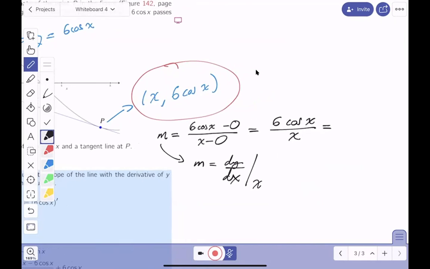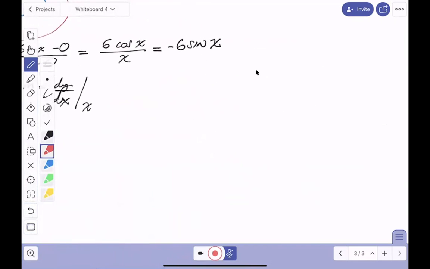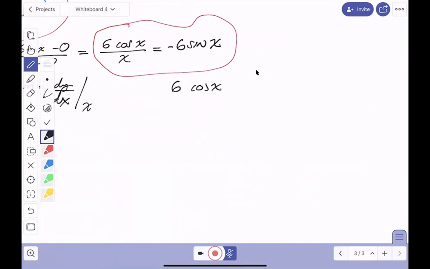Well, the derivative is just going to be minus 6 sine of x. All right. Now, this is absolutely critical that you come up with this equation over here. This is the equation we have to solve. So let's go through it. And it looks like it might be tough to do, but let's write this down. So you can get 6 cosine x equals minus 6x sine x.